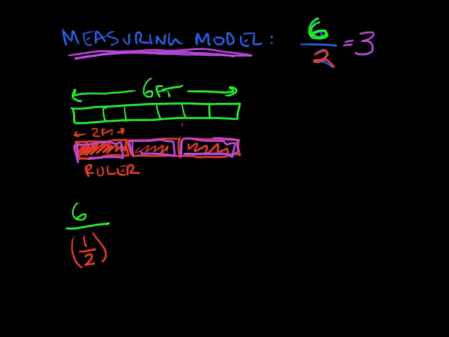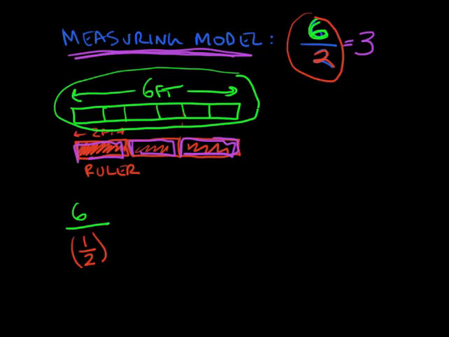Well, using this measuring model, it really means I have a 6-foot piece of stick or something like this. But now, instead of having a ruler that's 2 feet long, my ruler is 1/2 foot long. And so we can ask how many of these half-foot rulers would fit into 6 feet.